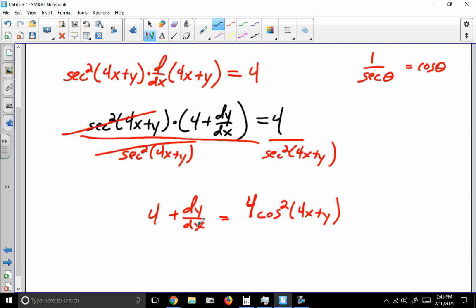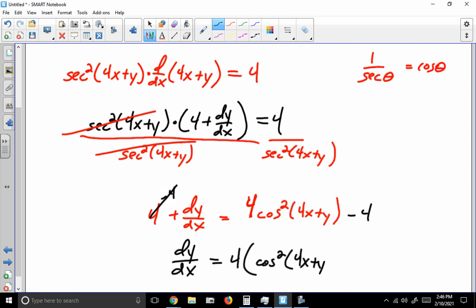And then to get dy over dx by itself, subtract 4 from both sides. So those cancel, so we get dy over dx. On the right side, we have a common factor of 4, so we can take a 4 out. And we can call that cosine squared of 4x plus y, minus 1.